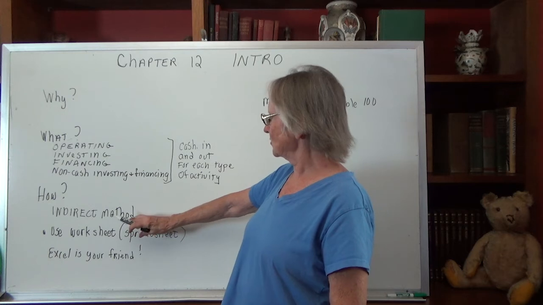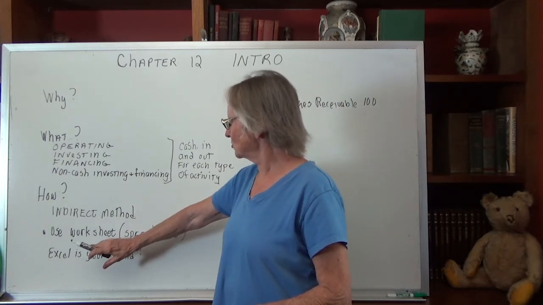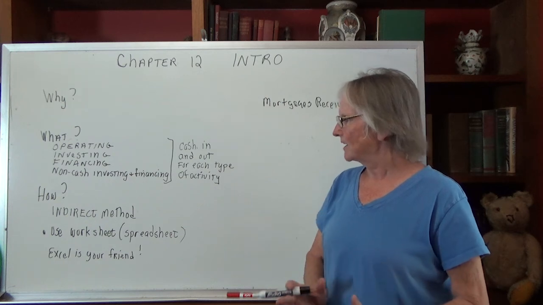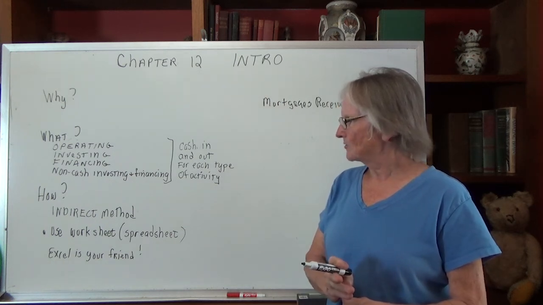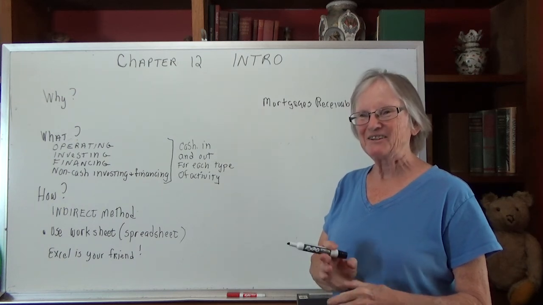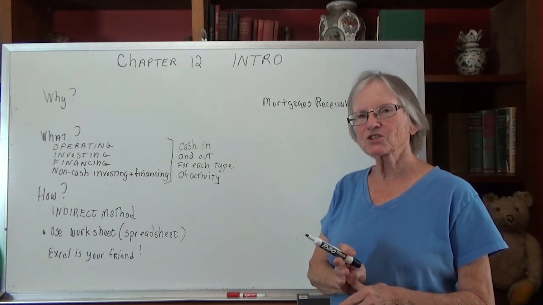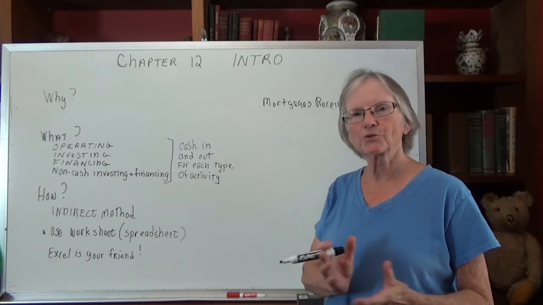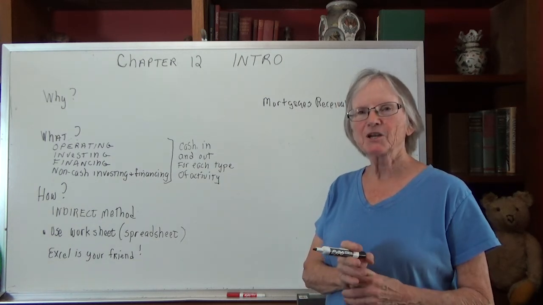So we're going to use the indirect method only, and I'm going to show you how to do that with a worksheet or spreadsheet. For this chapter, Excel is your friend. In the orientation section, at the bottom, there's an Excel tutorial that might be helpful.